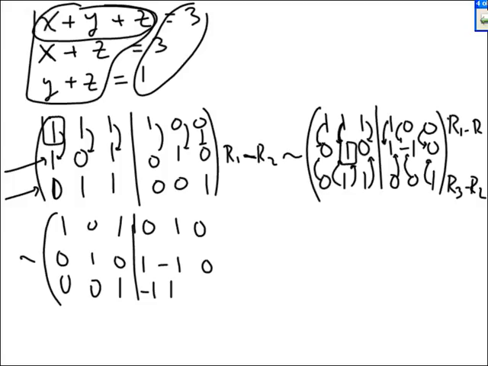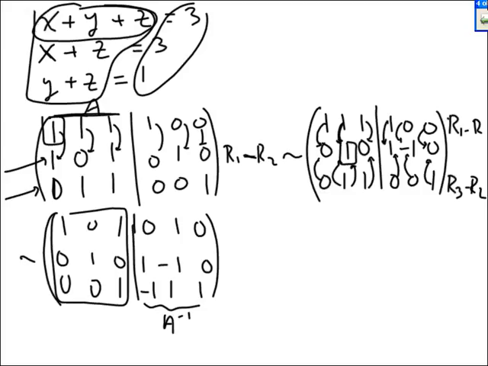And 1 minus 0 is 1. This here is the identity matrix, which means, if I call this matrix A, well then there's my A inverse. I didn't even have to scale out anything.